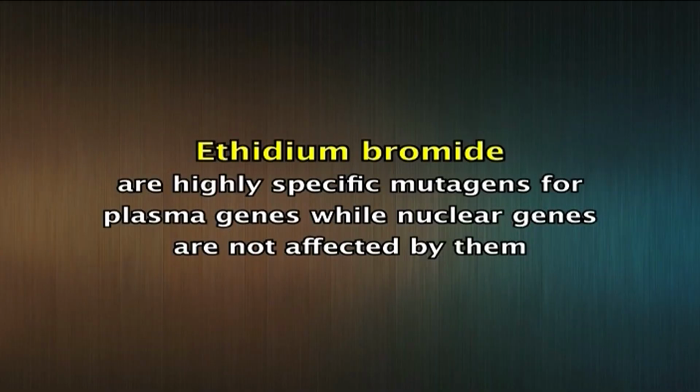Lines produced in this way are known as alloplasmic lines since they have nuclei and cytoplasms from two different species. Number 8 is the mutagenesis. Some mutagens, for example, ethidium bromide, are highly specific mutagens for plasma genes, while nuclear genes are not affected by them. Induction of mutation by such agents in a gene indicates it to be a plasma gene.